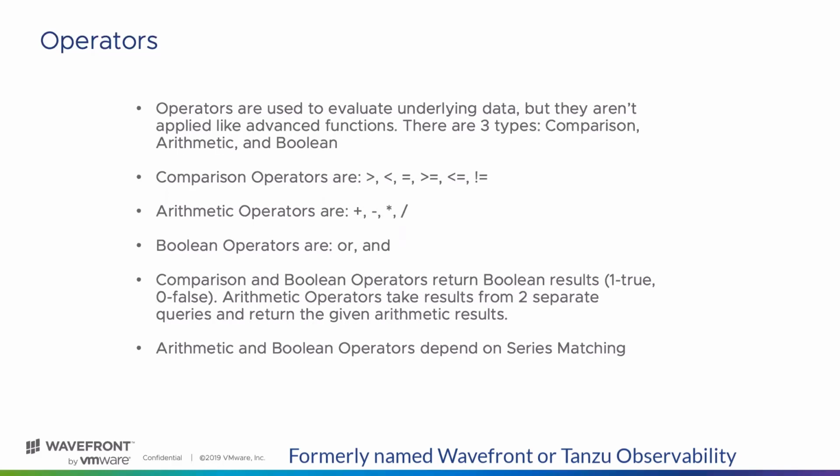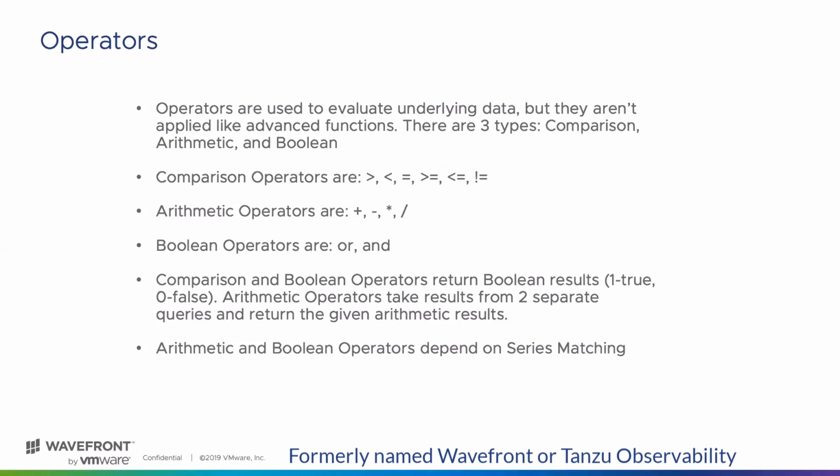So you graph data, you manipulate data to capture the thing that you want to capture, and then you say, I want to know if this thing is greater than or less than or equal to or not equal to. All of those operators will turn the input data into Booleans that can then drive alerting. Or, as you just saw, those same Booleans can also drive the if logic in Wavefront.